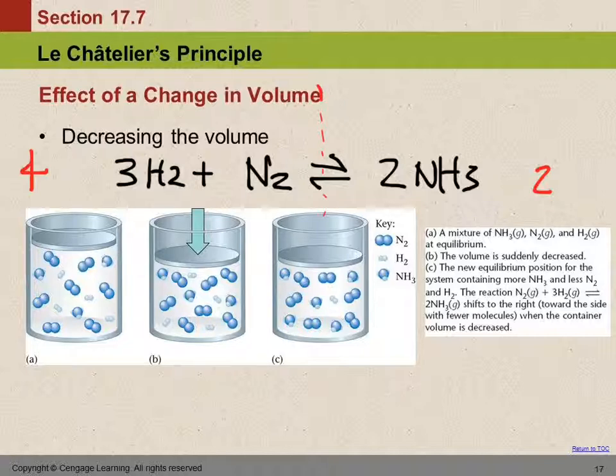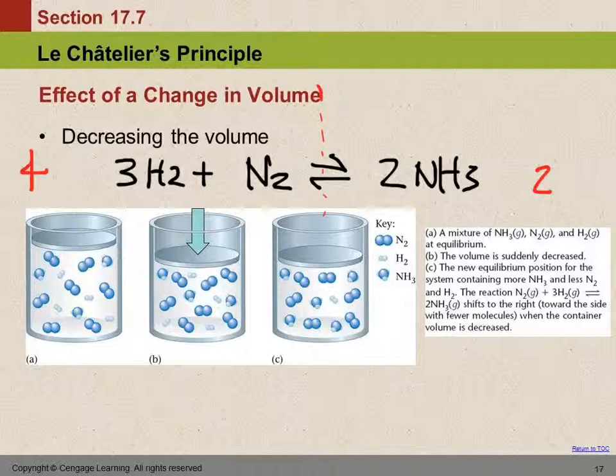Not happening for you? Where do they go? Okay, that's a good question. Well, 3 hydrogen molecules and 1 nitrogen molecule combine to form 2 ammonia molecules. And yes, the mass is the same, but this is a gas.